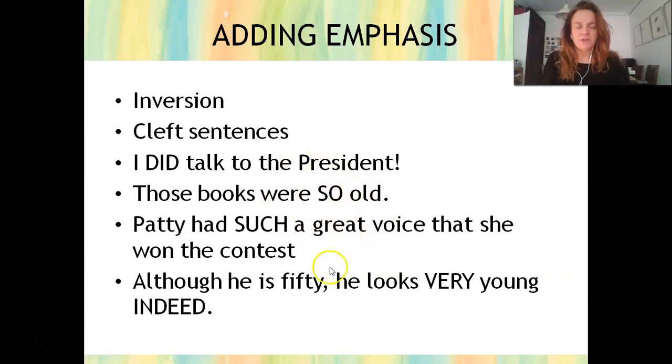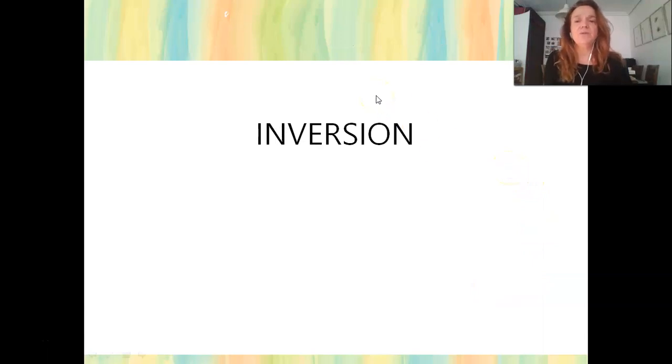And last but not least, we have the use of the word indeed after an adjective. Okay, so although he is 50, he looks very young indeed. Okay, and indeed is for emphasis of the very young. Okay, so let's move on to revise inversion.